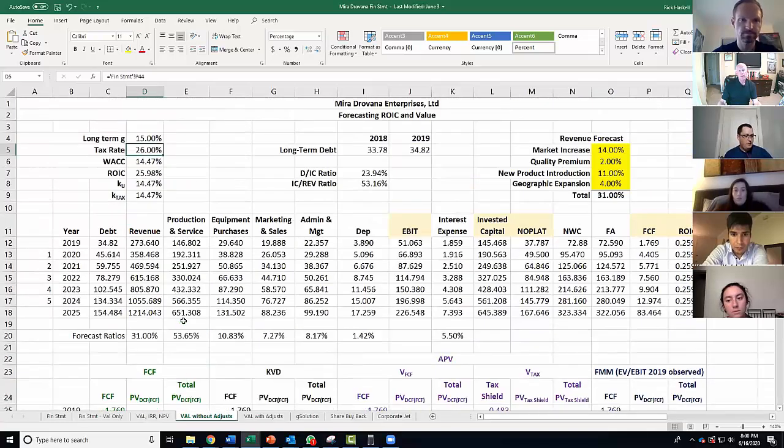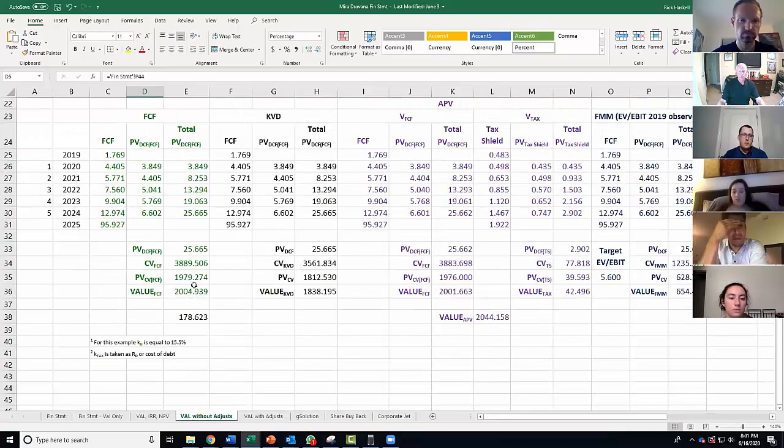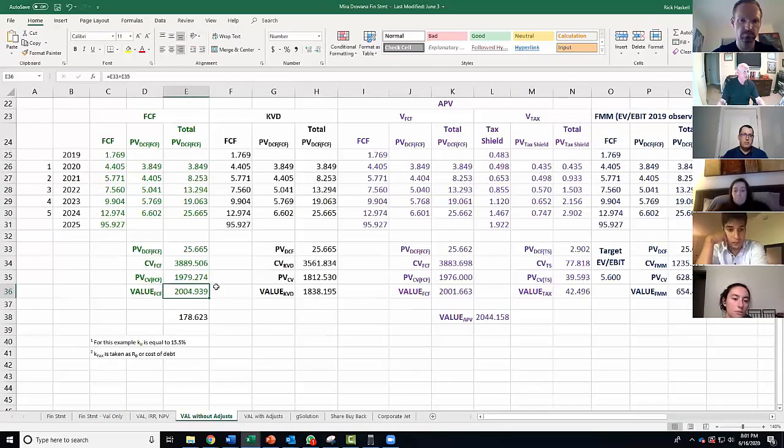Okay, maybe I should have thought about this in terms of only a 12% growth. Maybe it's not going to be 31% for the next 5 years and then 2.5% thereafter. Maybe I can just generalize and say it's an average of 12. Well, that would tell me the company's worth 2,000. Well, that's a lot more than I've been calculating, right? Excuse me, company's worth 178. That's not even close to what I've been calculating still.